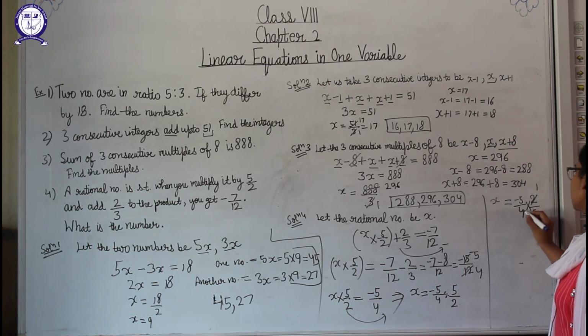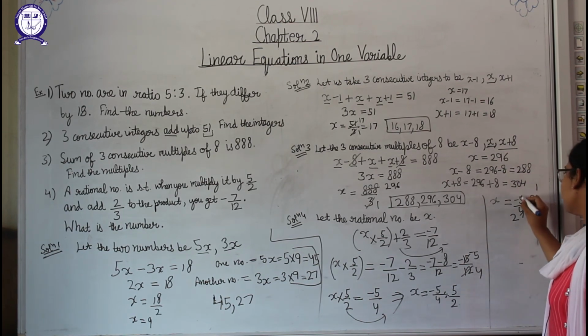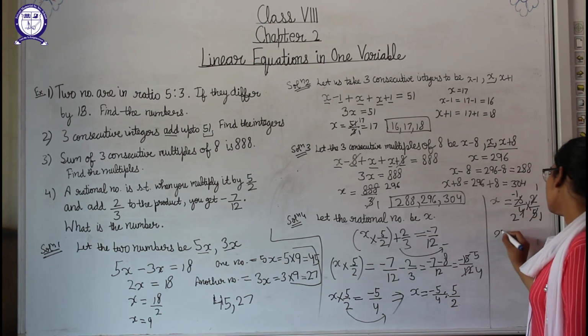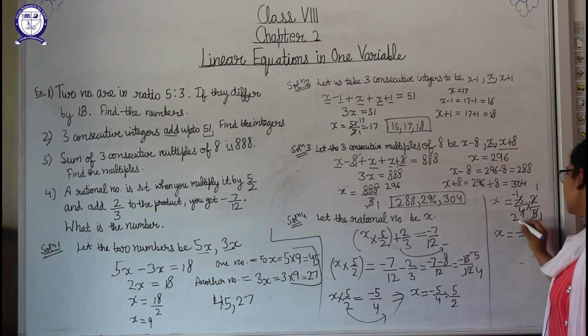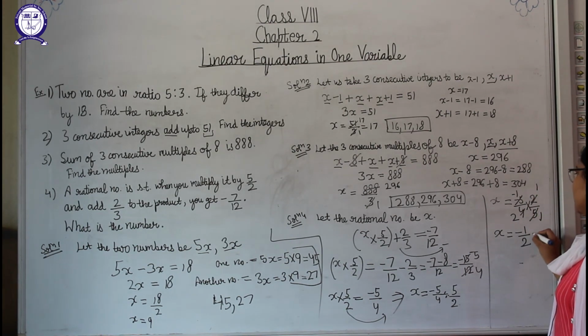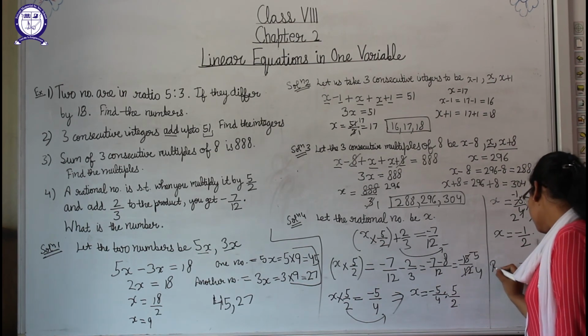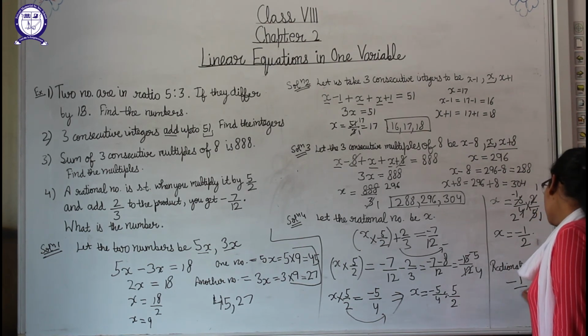Now 2 ones are 2 and 2 twos are 4. 5 ones are 5 and 5 ones are 5, and as there is a minus sign, put the minus sign. So minus 1 into 1 will be minus 1 and 2 ones will be 2. Okay, so the rational number here is minus 1 by 2. We will write that the rational number is minus 1 by 2.